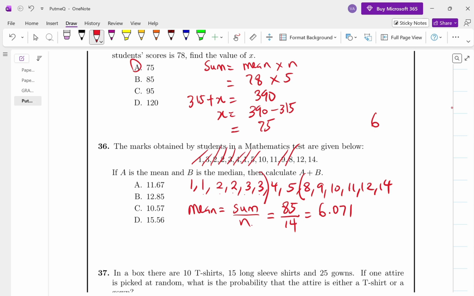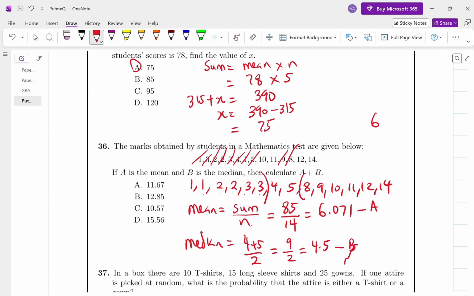But to make sure I still have numbers in the middle, I have to count only 6. So the median is going to be 4 plus 5 over 2. When there are 2 numbers in the middle, you add them up and divide by 2. So 4 plus 5, that's 9 over 2. And this is 4.5.